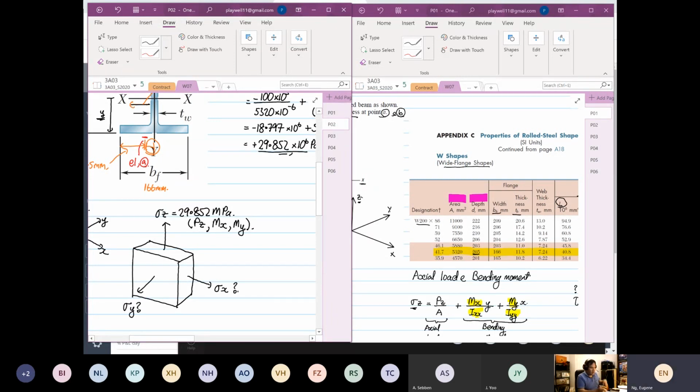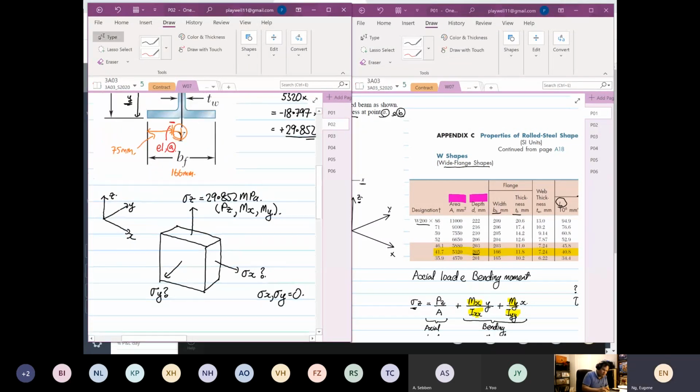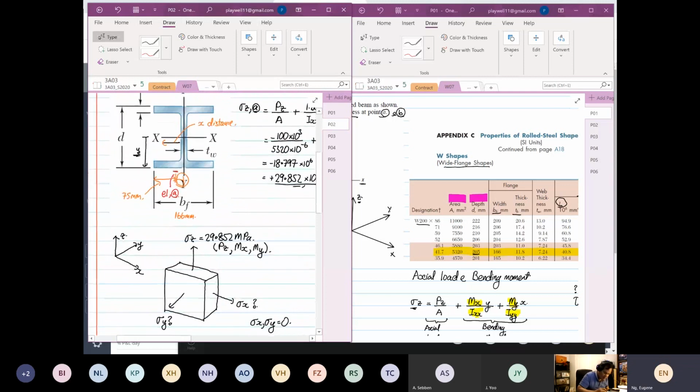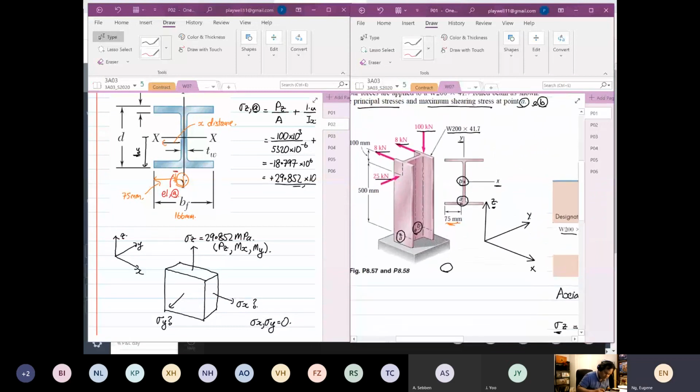From how our structure has been loaded, I'll teach you how to analyze this later, we realize that stress X and stress Y are equal to 0. If you look at our problem on the right column now, my computer is really slow, normal stress in the X direction, you don't have any normal stress.